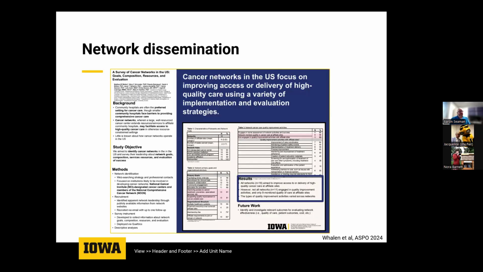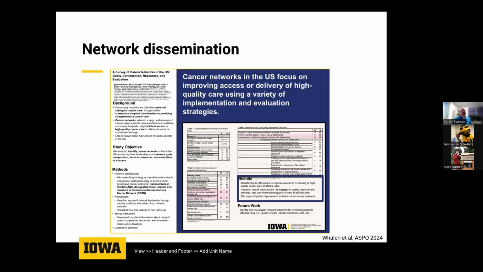The other piece that we've been working on is thinking about network dissemination more broadly. And part of that is trying to figure out the various models for cancer networks that are out there. There are a number of them throughout the country. We are certainly not the only. We are one of many.